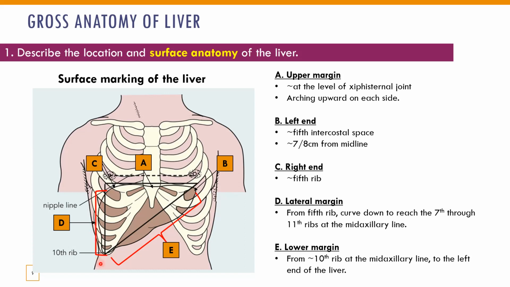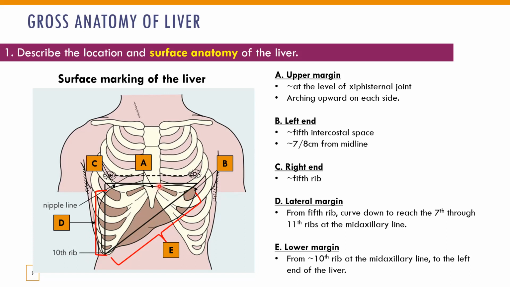Then the lower margin of the liver is from approximately the 10th rib at the mid-axillary line to the left end of the liver. Where is the left end of the liver? It is at the 5th intercostal space.